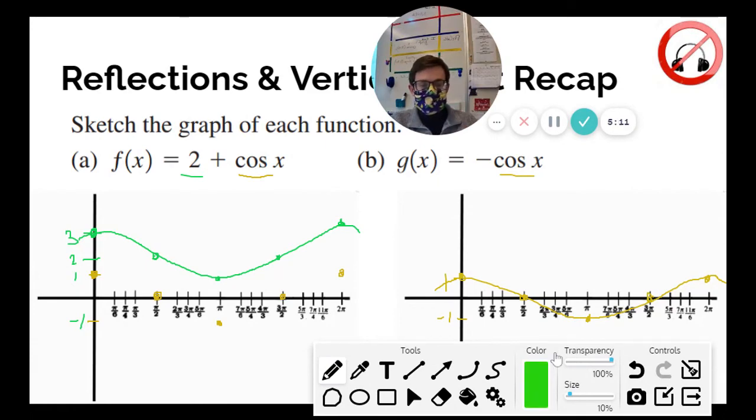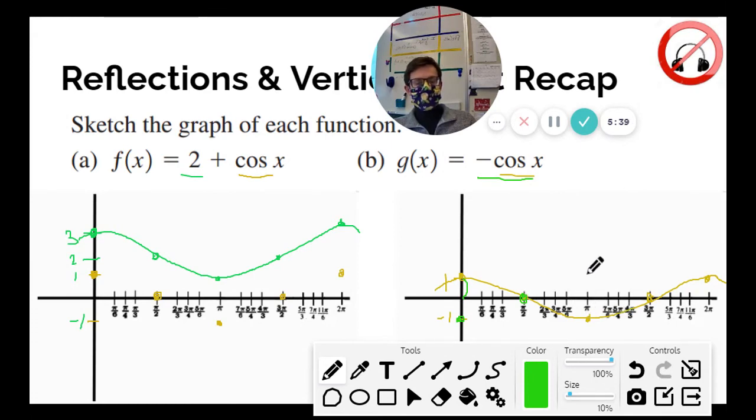So then graphing the whole thing, again, we'll use this green because I like green. We have a reflection because we're multiplying by a negative. So a reflection outside is a reflection over the x-axis, which just means everything gets flipped over the x-axis. So this point, since it's a distance of 1 above the x, it'll go to 1 below. This point will stay the same because it's already on the x-axis.